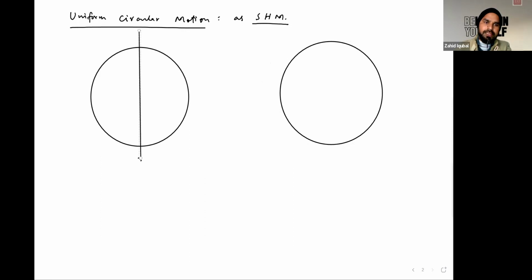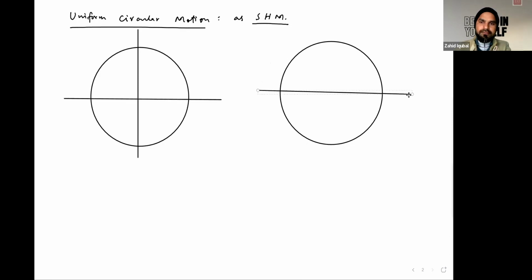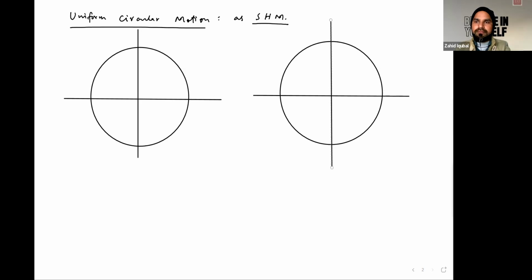This is one of the diametrical axis, that is y-axis. Suppose a particle is initially at this point. Further on moving, it may reach this point, further to this.